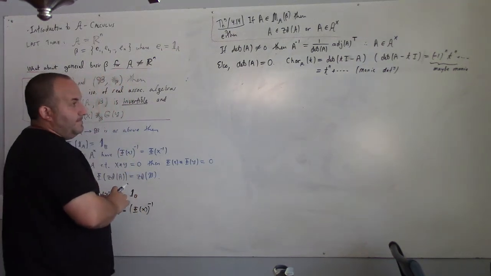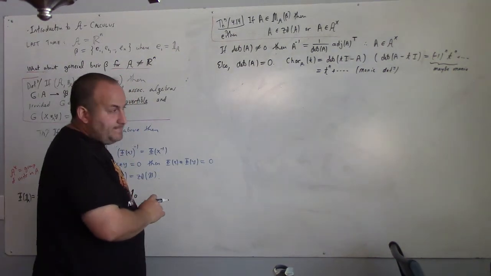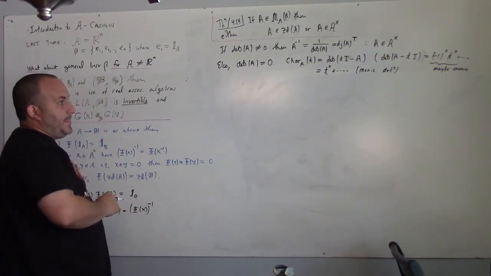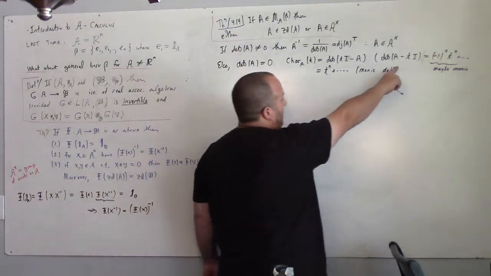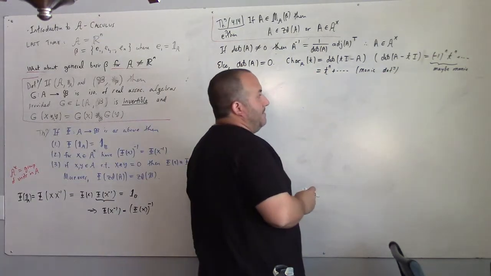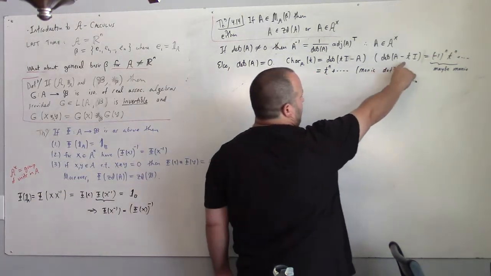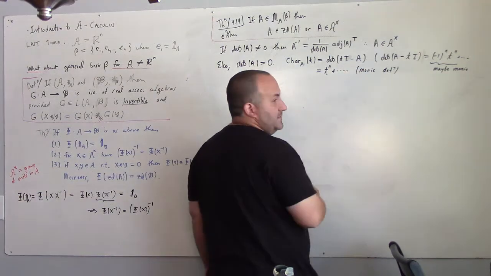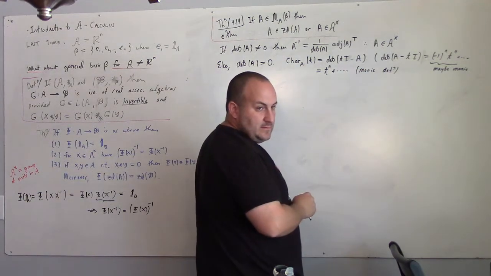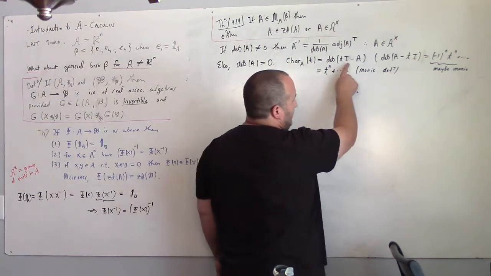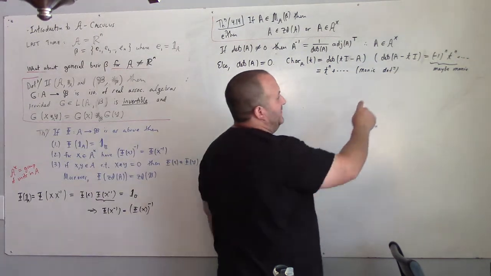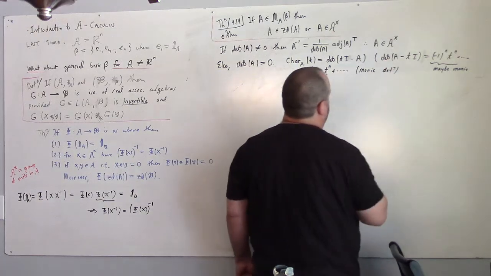Okay. Wait, don't you have to pull out a negative sign somewhere for that determinant? Why are you flipping it? Because I did A minus tI, and this is tI minus A. Some people define the characteristic polynomial to be this, other people would define it to be that.